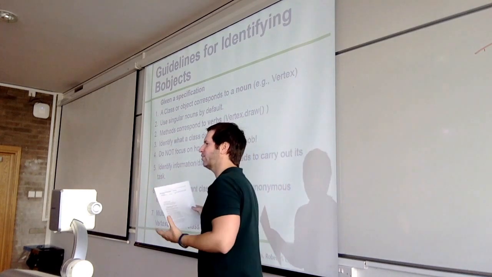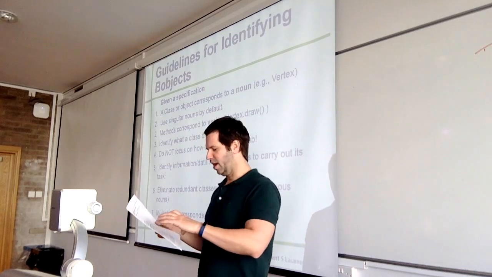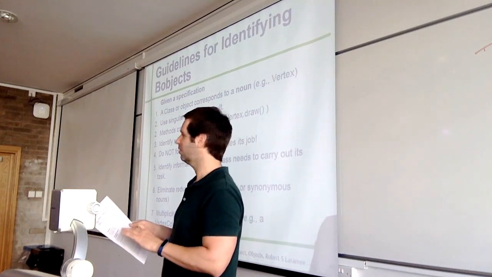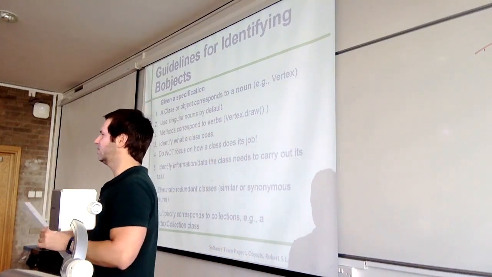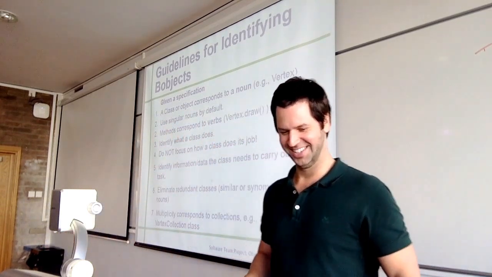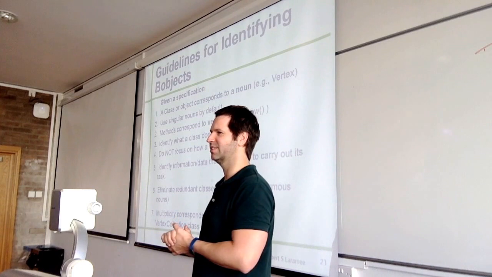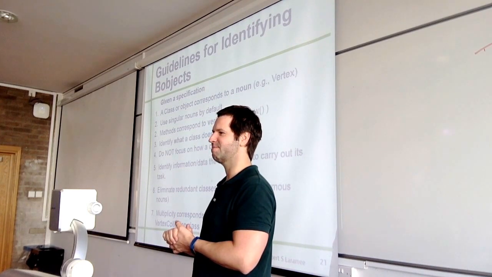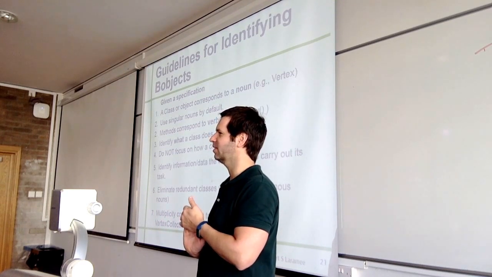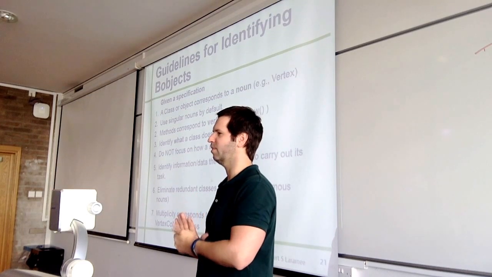It's not a complete specification, it's a partial specification from the drawing editor. From that partial specification, you identify a list of candidate objects. Does everybody understand what they're expected to do? Anybody need more clarification?